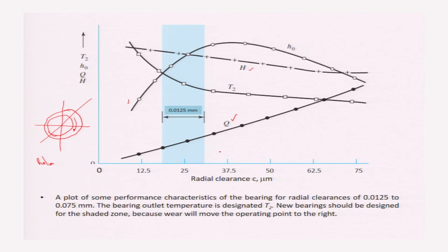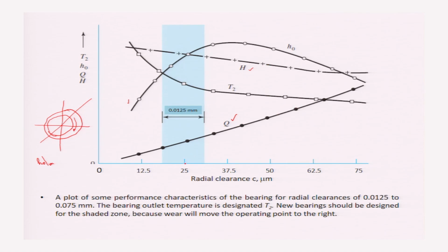So you cannot make a bigger clearance to get lesser heat generation, a small value of outlet temperature of the lubricant, and more flow rate. That you cannot do.